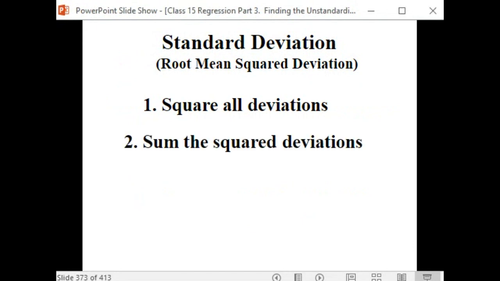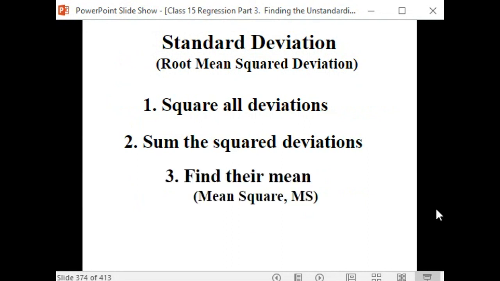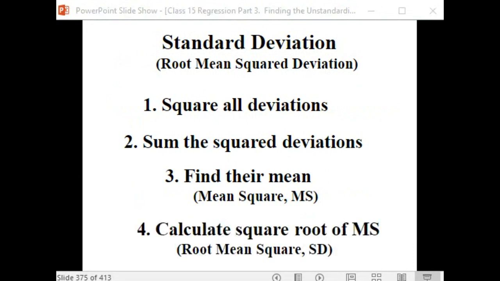Second, you sum the squared deviations. Third, you find the mean of the squared deviations. This is called the mean square. And fourth, you calculate the square root of the mean square. This gives you the root mean squared deviation, which is also called the standard deviation.